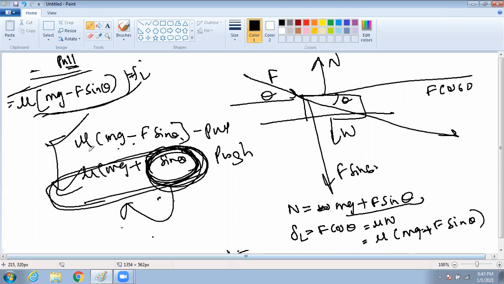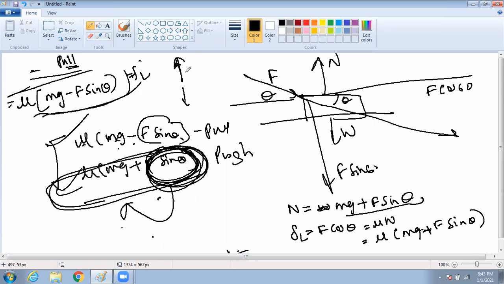If you pull it, your F sin theta will decrease, because in pull it is acting upward, and in push it is acting downward. That is why friction is more in the case of push than in the case of pull. So it is advised that you all should pull the object rather than pushing it.